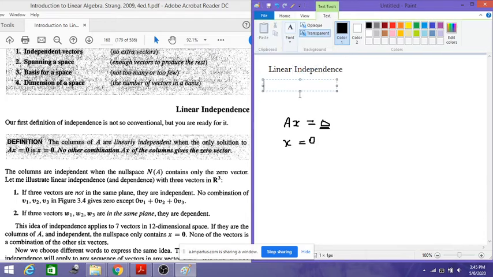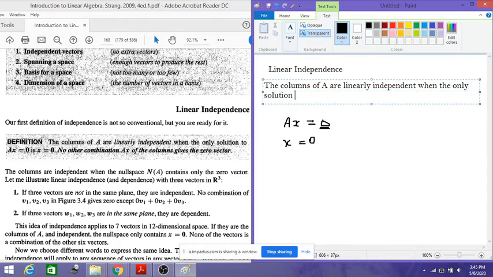So let me write the definition here. The columns of A are linearly independent when the only solution to Ax = 0 is when we make x = 0.